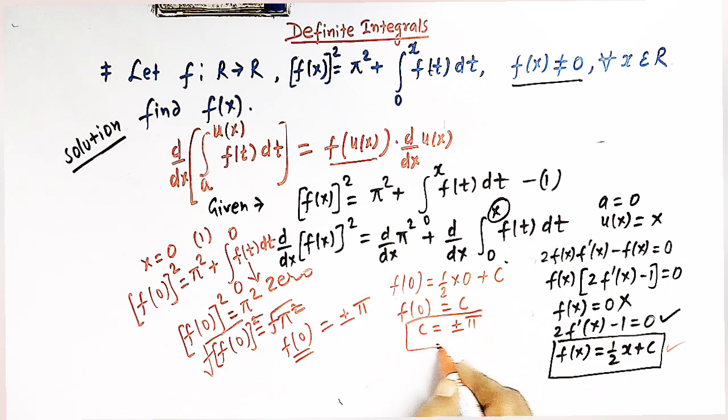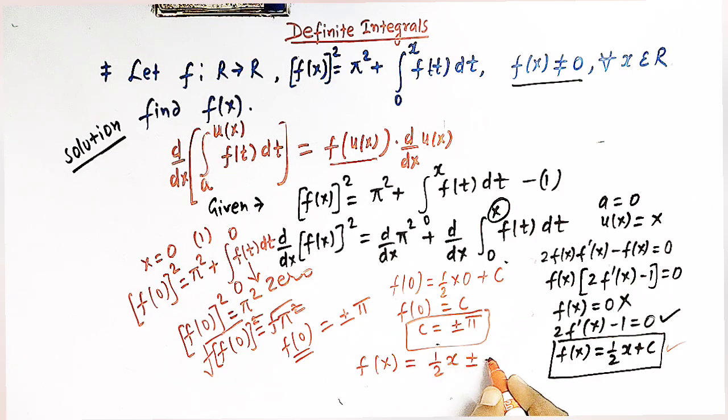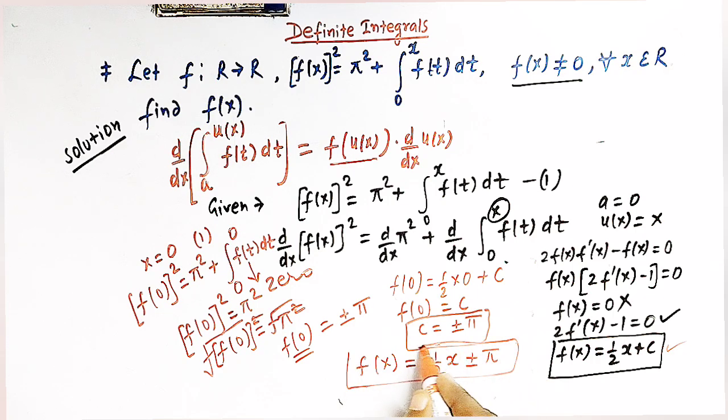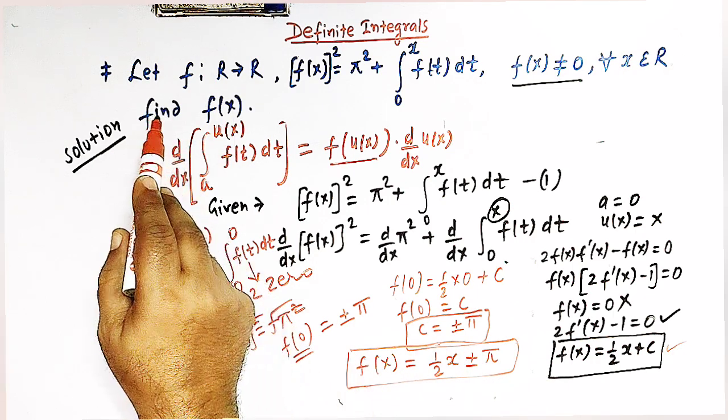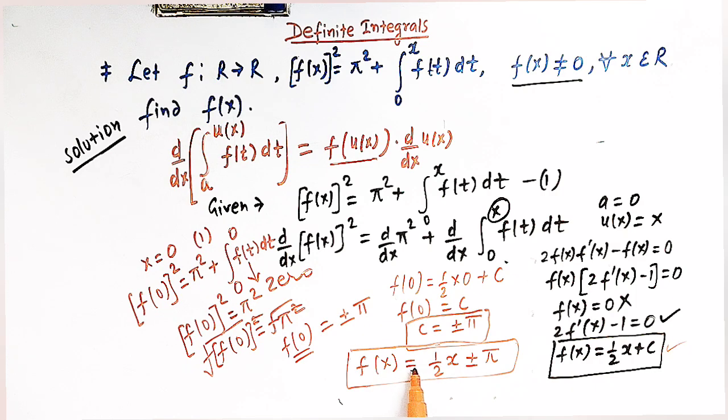So this is the value of the constant of integration, that is c. So let us resubstitute it in this equation. So we have now the value of f of x is equal to half times x plus minus pi, right? So this is the required function, that is f of x, which is half x plus minus pi.